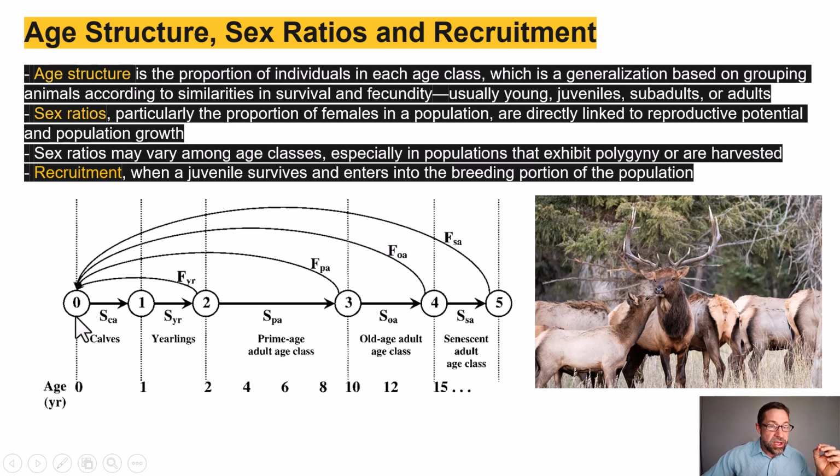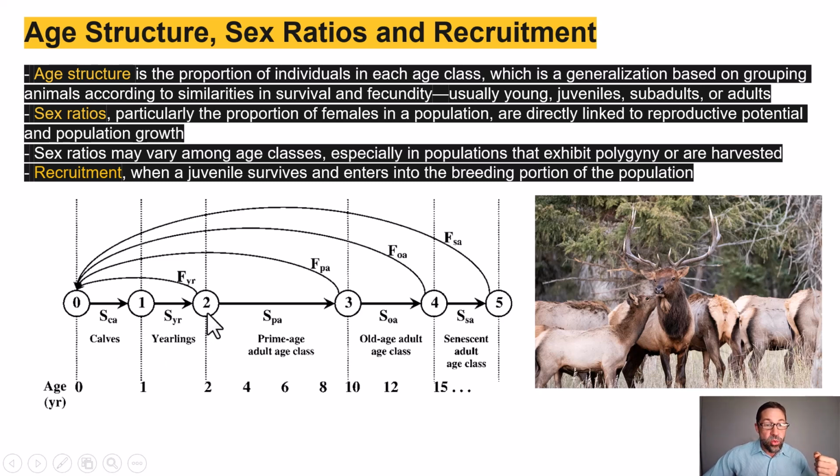Calves. This is the neonatal period when they're first born, as well as the juvenile period up until their first birthday. So from 0 to 1, we refer to them as calves. From their first to their second birthday, we call them yearlings.